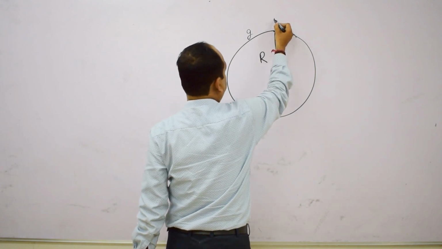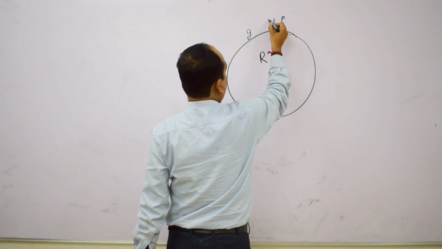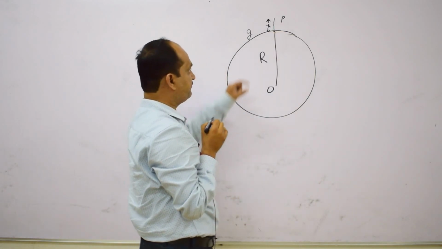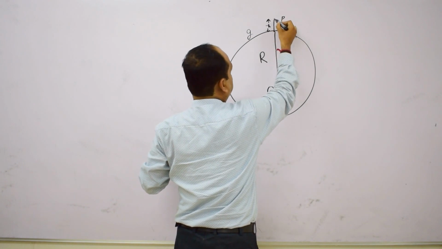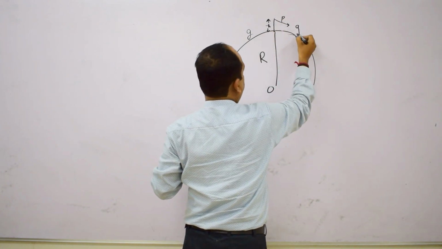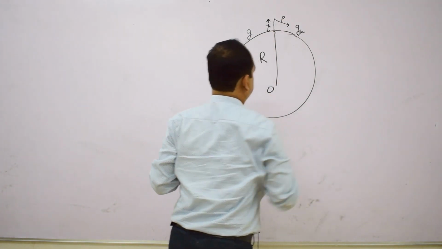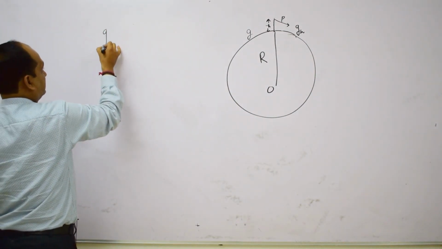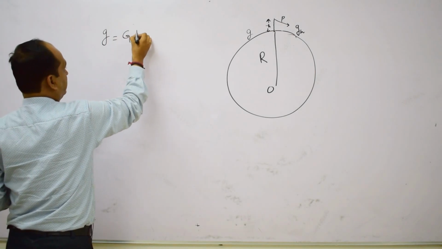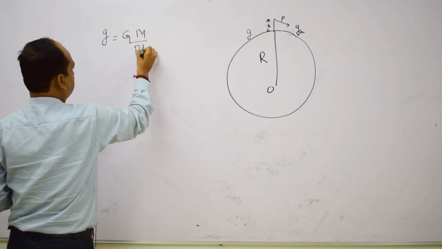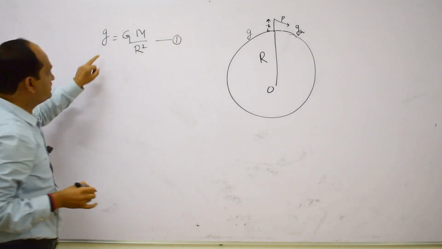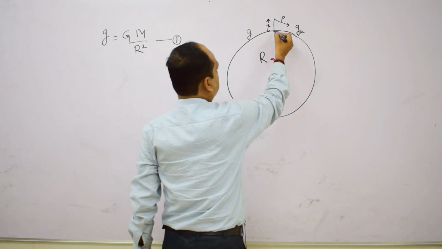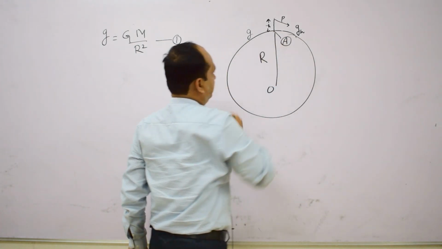We take a point P whose height from the surface is small h, and we have to find the value of acceleration due to gravity at this point, which we denote by gh. Since g = GM/R², equation number 1, this is the value of acceleration due to gravity at the surface of earth, at point A.